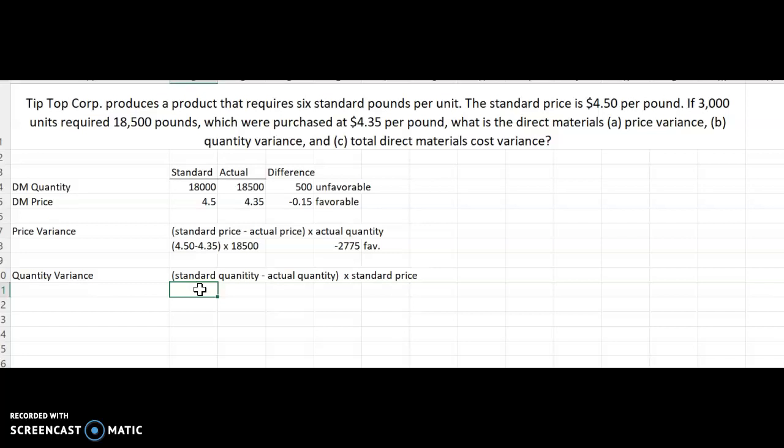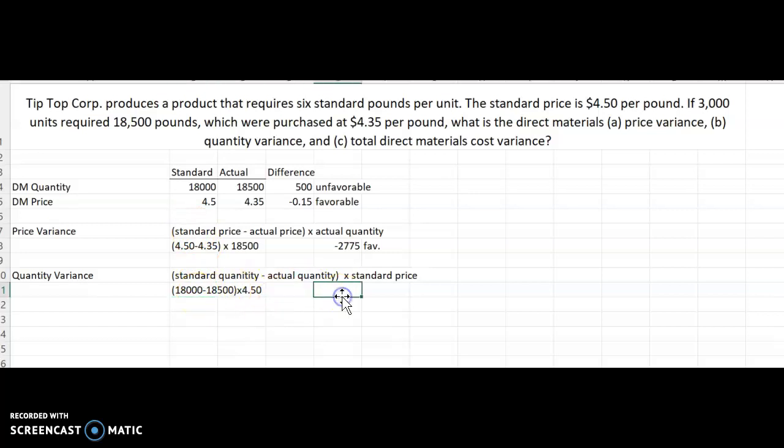So our standard quantity is going to be 18,000. Our actual quantity is 18,500. And our standard price is $450.